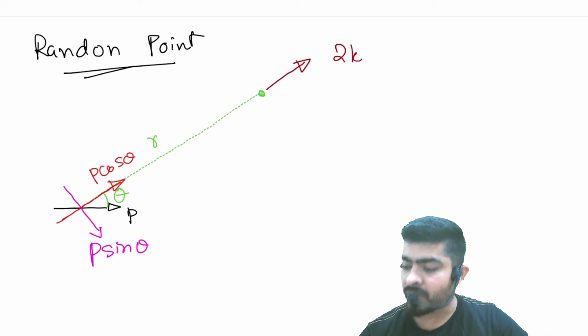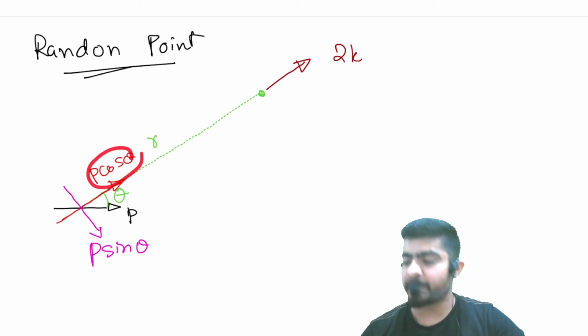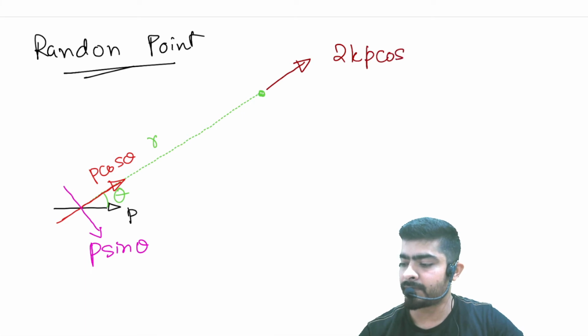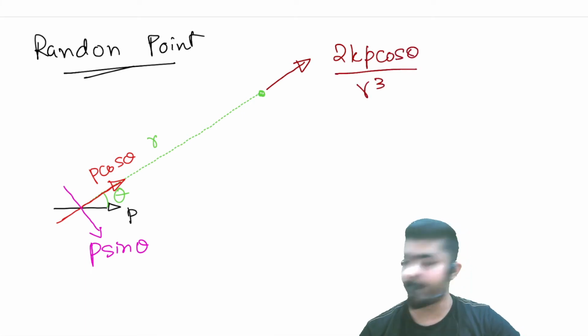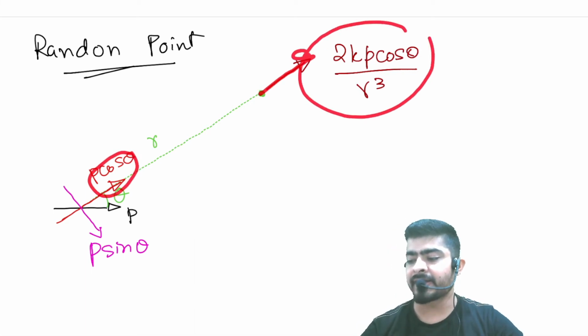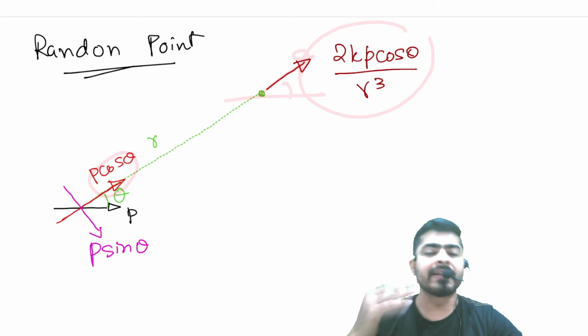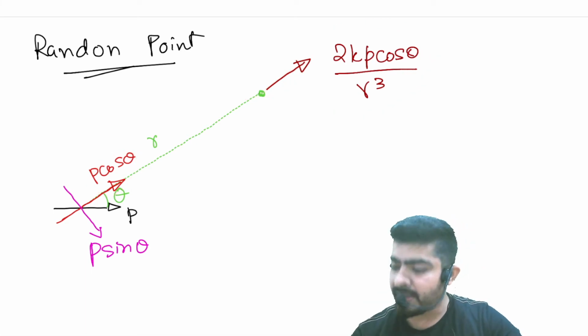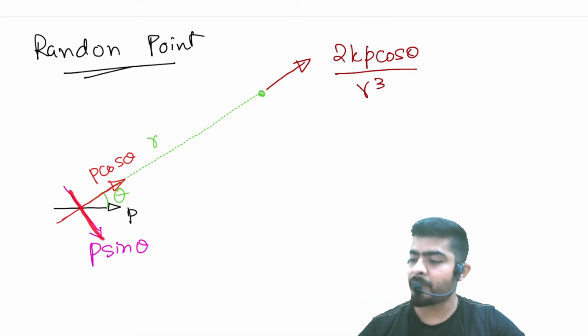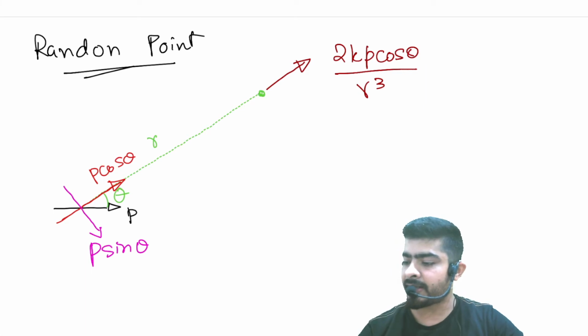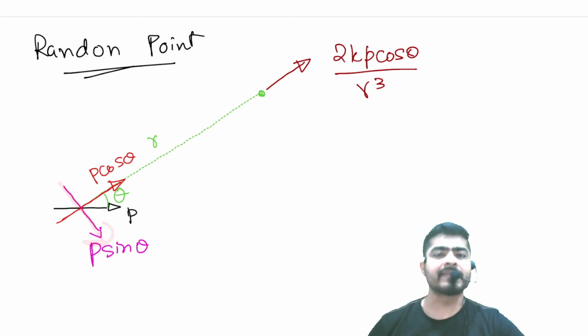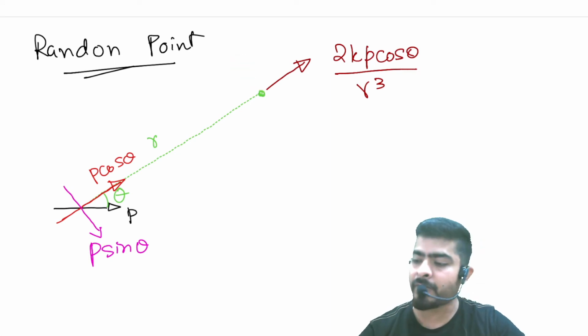So we have 2k p cos theta divided by r cube. This dipole will create this much field in this direction, making angle theta with the horizontal. Then what about this dipole? This will create electric field in the opposite direction, since the dipole is pointing in this direction.